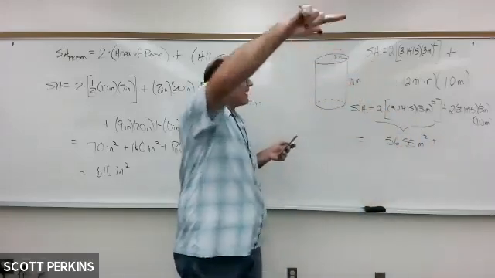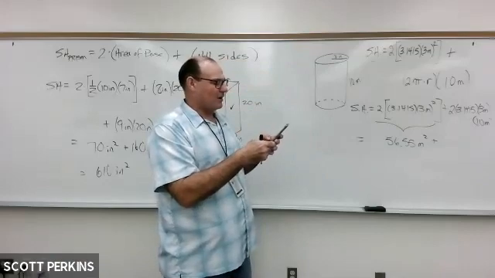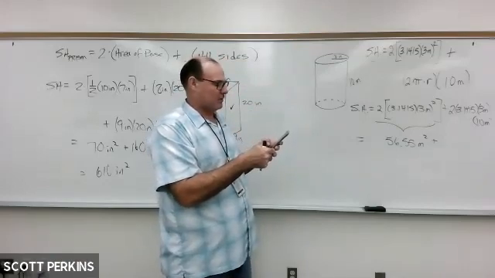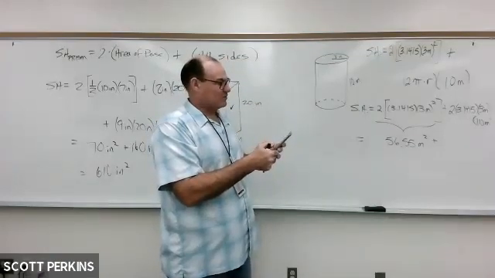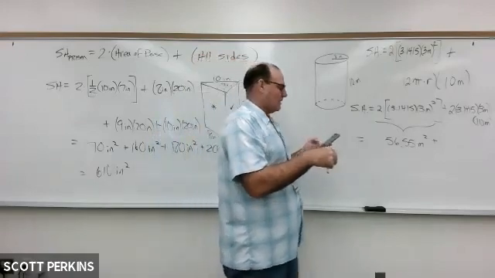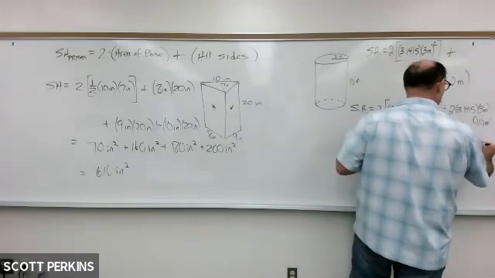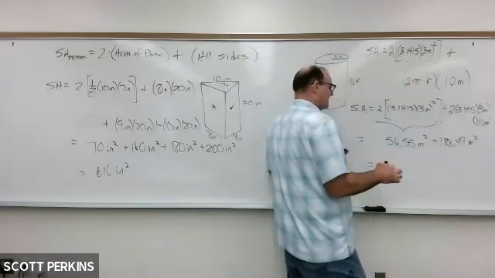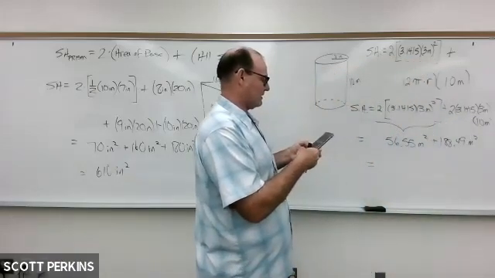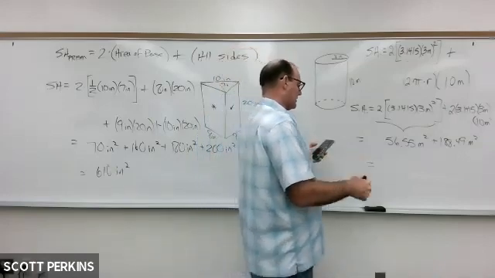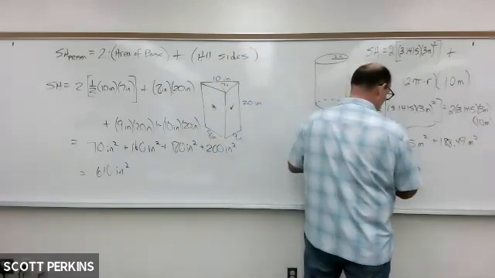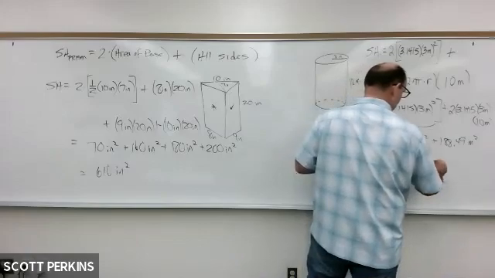Then the area of my one rectangle that goes all the way around is 2 times 3.1415 times 3 times 10, and that is 188.49 meters squared. And last but not least, when I add those 2 things together, I get 245.04 meters squared.